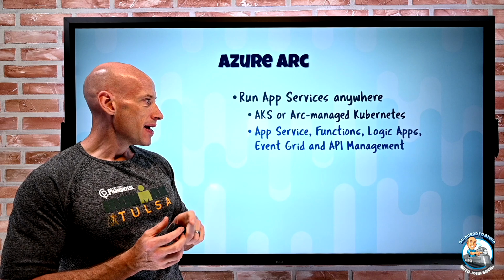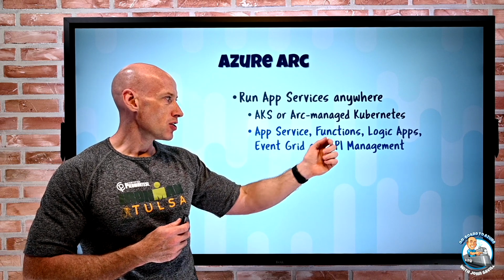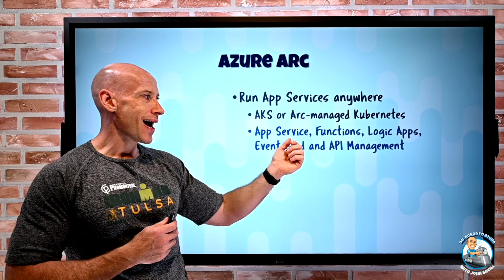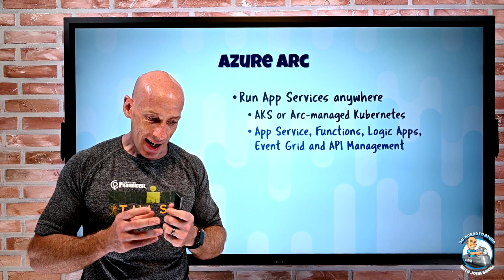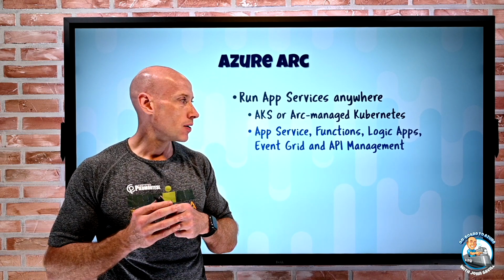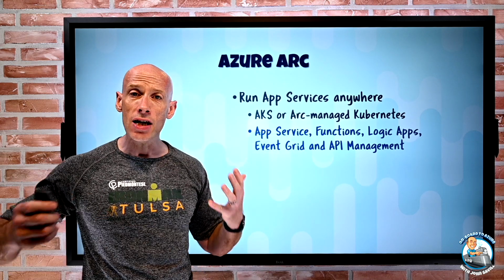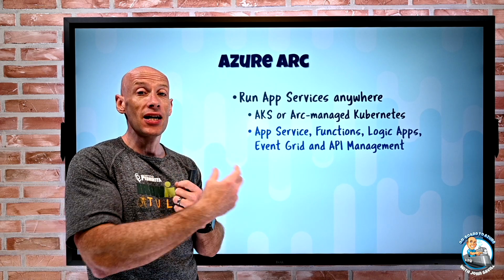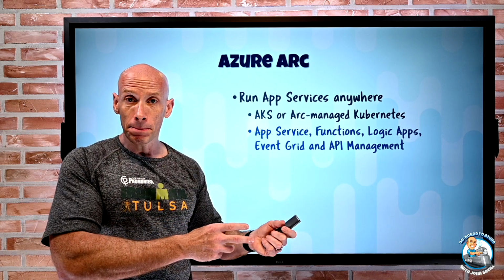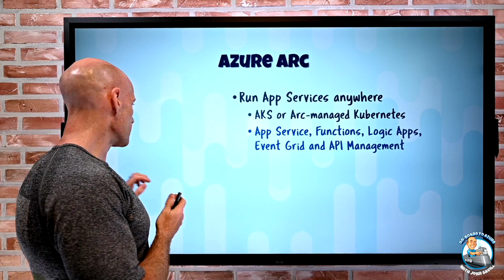And it's going to give me App Service, Functions, Logic Apps, Event Grid, and API Management. So all of these things I can actually now use on pretty much any Kubernetes environment, as long as it's CNCF compatible and it's being managed by Arc. So it could be on-prem, it could be in other cloud providers.